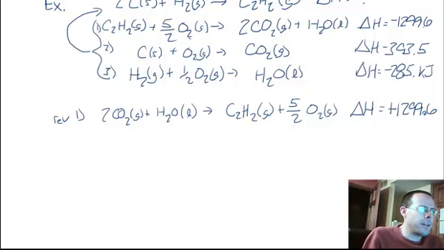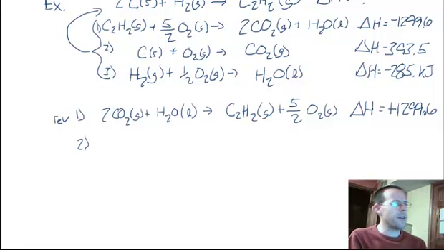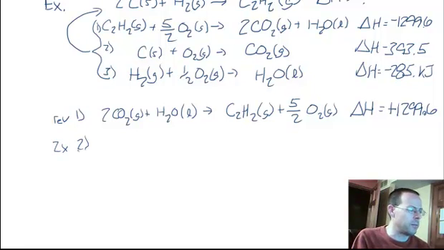Next, in reaction 2, I have carbon as a reactant on both, but in my target equation I have two carbons, and in this step I only have one carbon. So I want to multiply step 2 by 2.